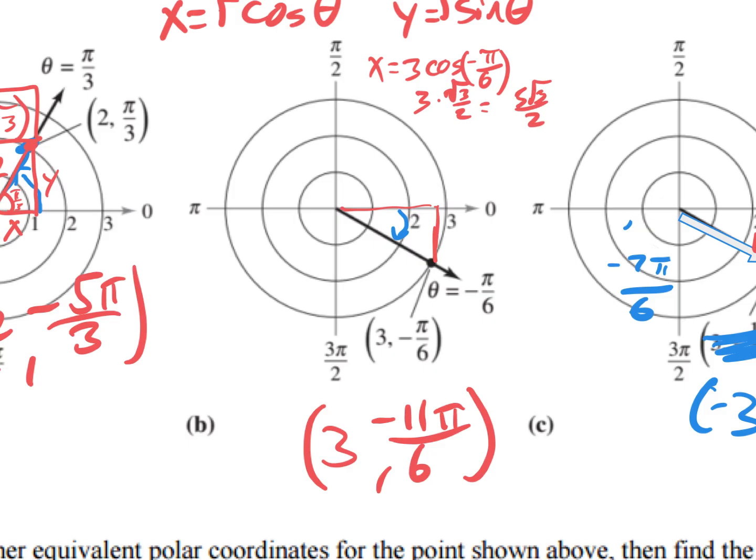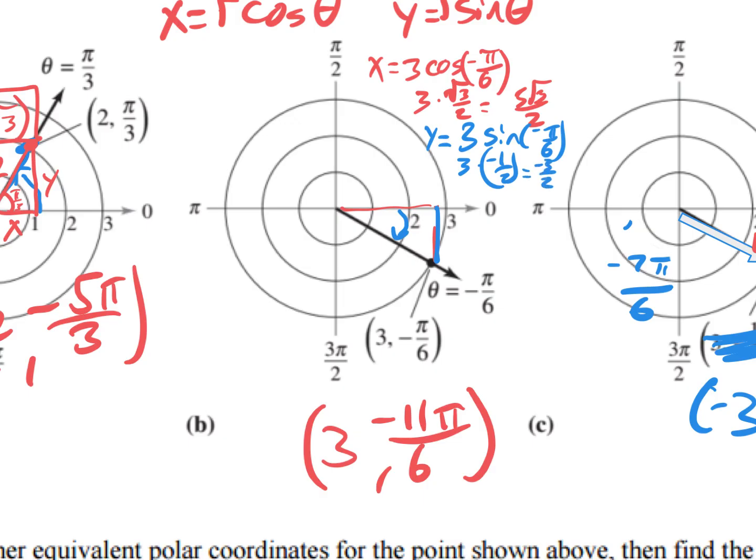The y-coordinate is going to be this sine, which is negative a half, so 3 times the sine of negative pi over 6. Sorry, that's 3 times negative a half. Thinking about your unit circle, it's the short distance in the 30, 60, 90, and it's going down. So 3 times negative a half is negative 3 halves.